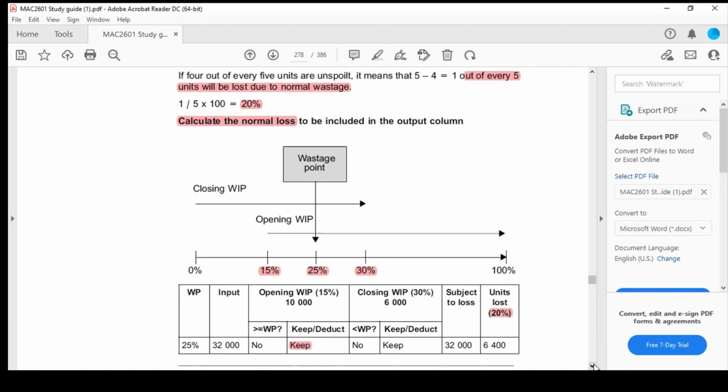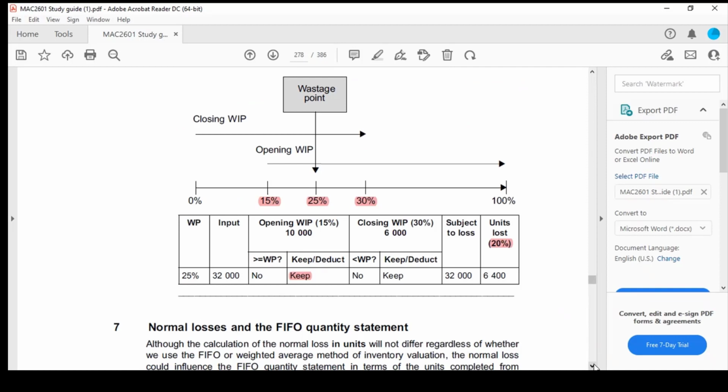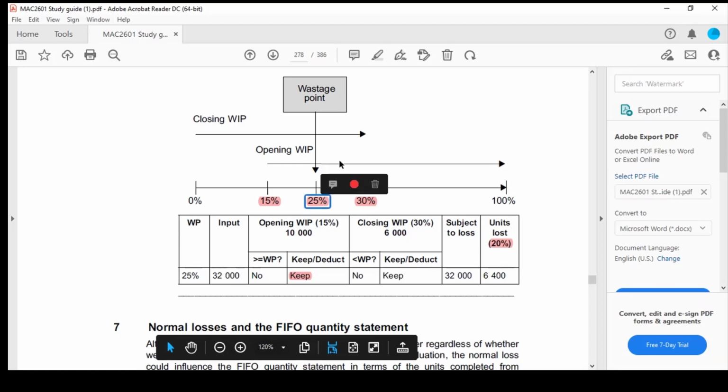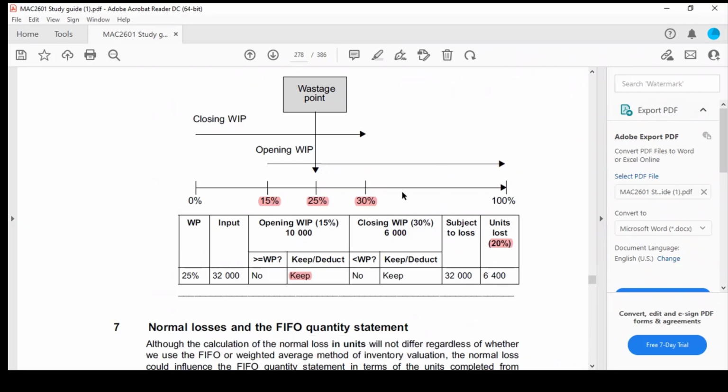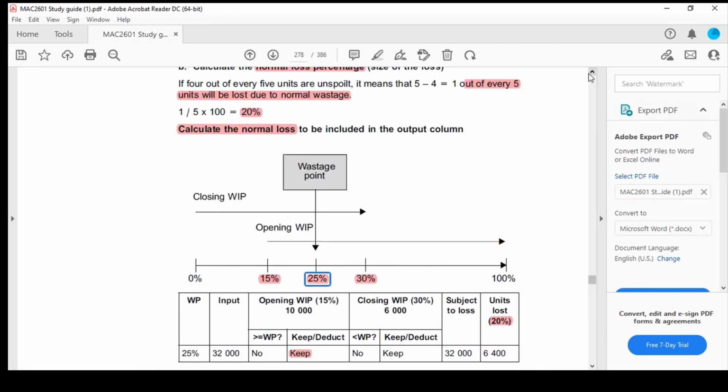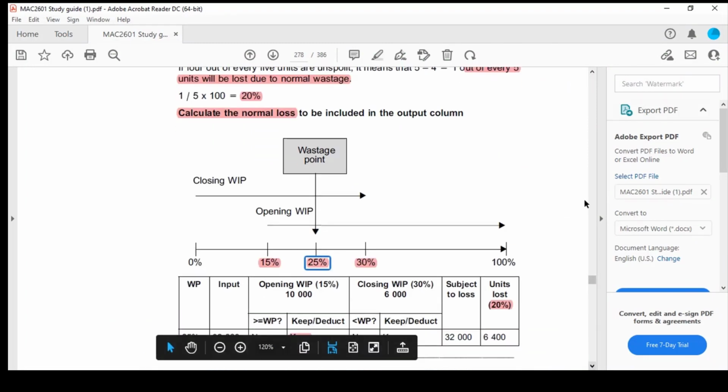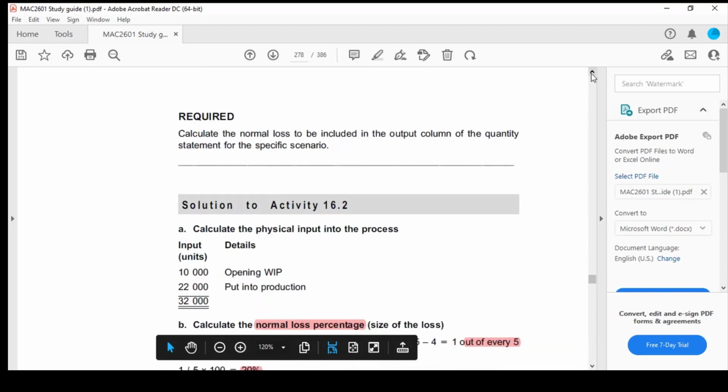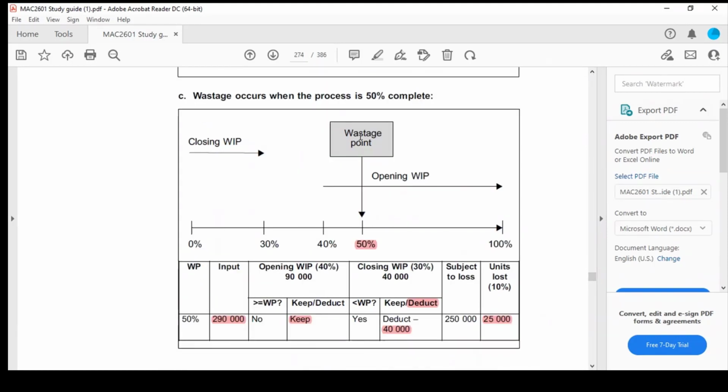Ma'am, just to ask, let's say, for example, your wastage point is greater than both your opening WIP and your closing WIP, so 50%. Will that ever be the case? Yes, we did cover it. It was the 50% one.